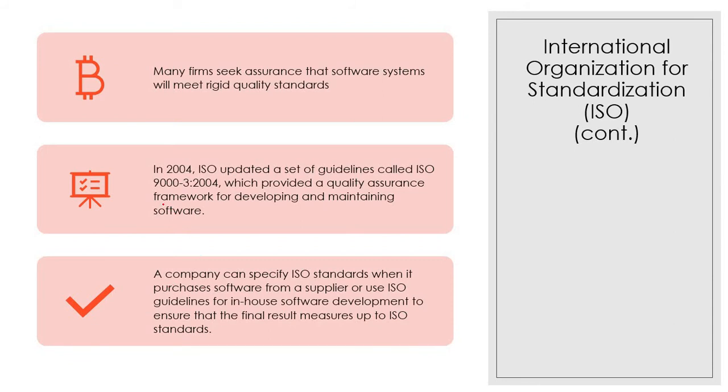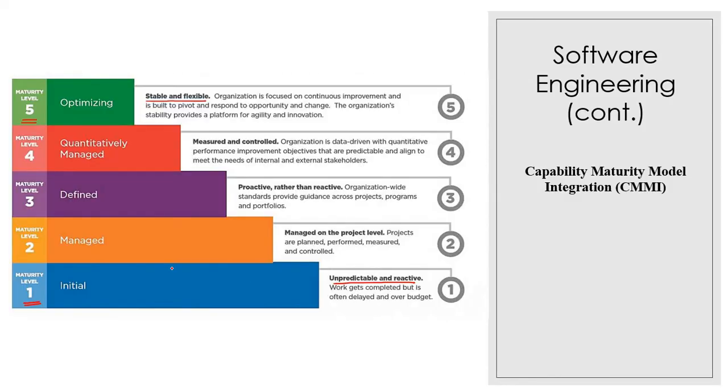Using this framework, a company can specify the ISO standards when it purchases software from a supplier, or use the ISO guideline for in-house software development, in order to ensure that the final result measures up to the ISO standard.